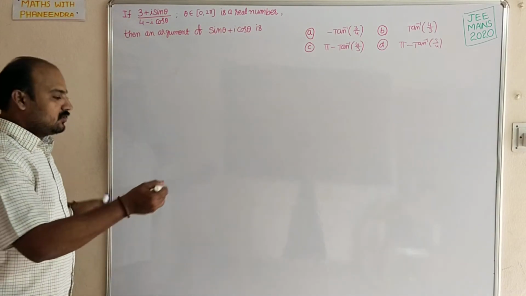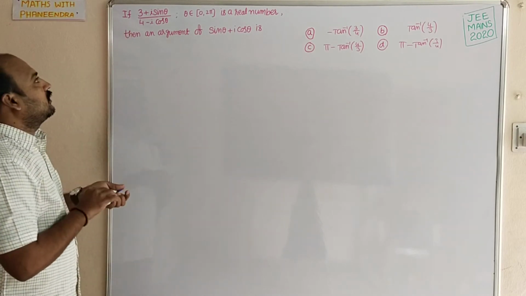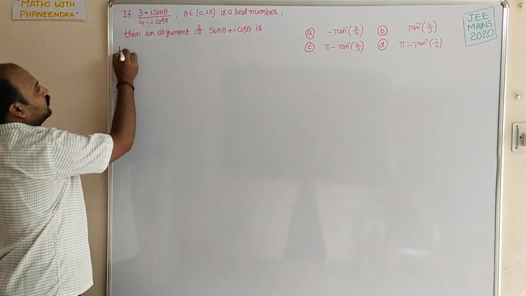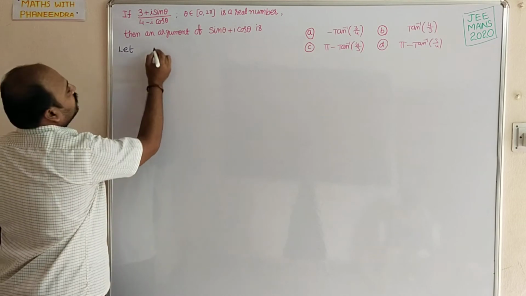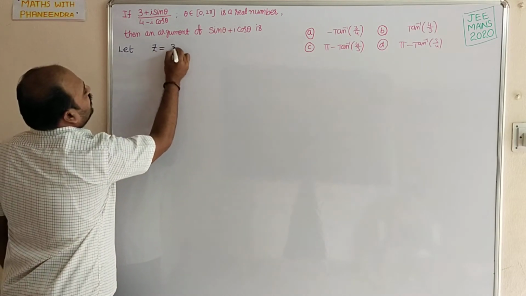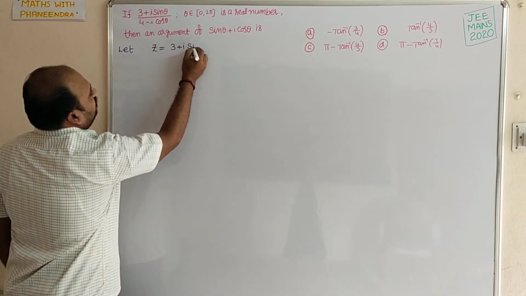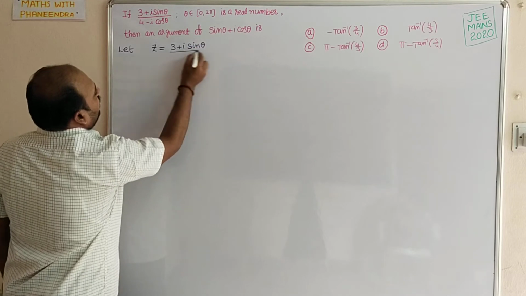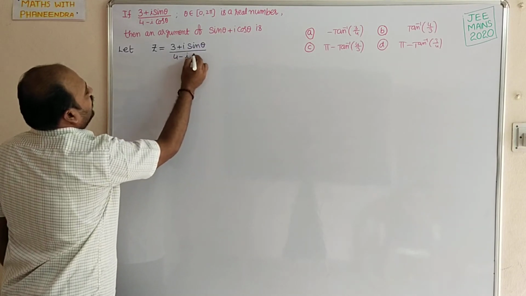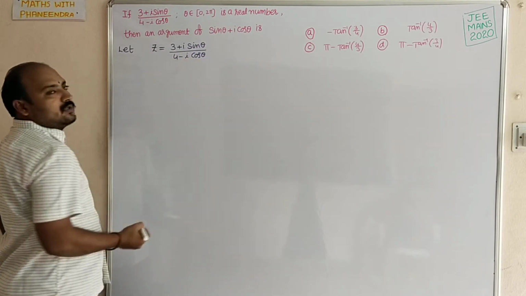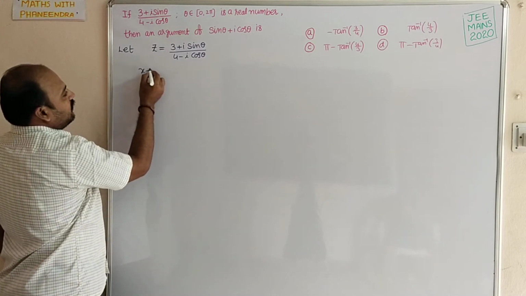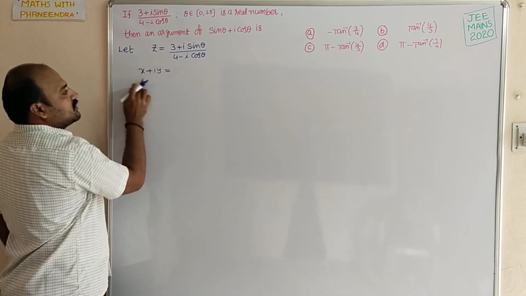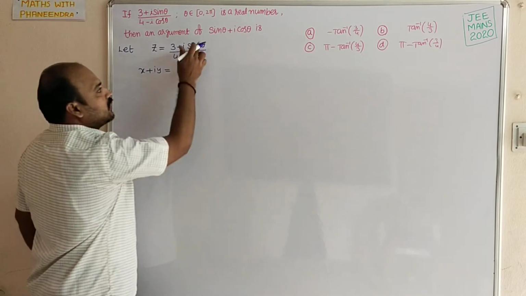So first, let us consider the complex number. Let z be equal to (3 plus i sin theta) divided by (4 minus i cos theta). I am assuming this as an x plus iy complex number, with a real part and an imaginary part.